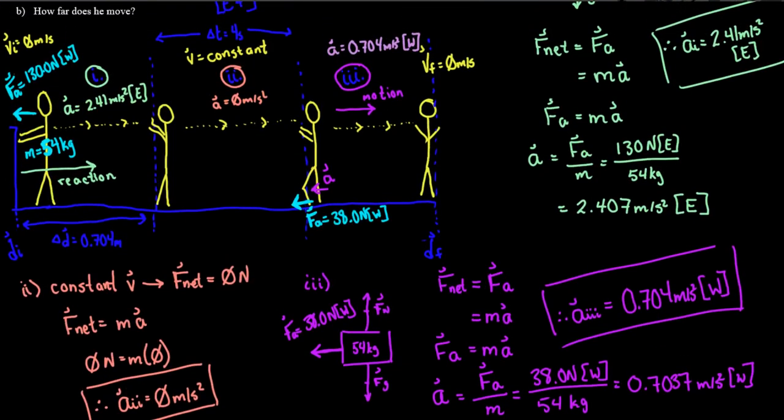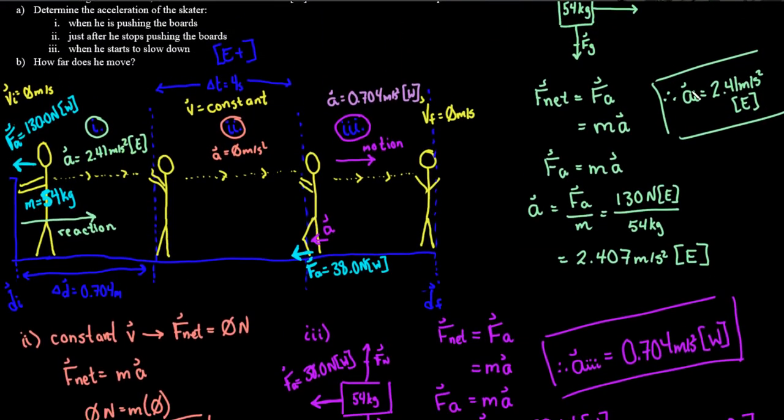Now we have the time as 4 seconds, but what we don't know is this constant velocity. So we have to solve for that. In order to solve for that, we are going to have to go back and use situation 1. Because notice, we have an initial velocity, we know how far he travels, and we know his acceleration rate over that distance.